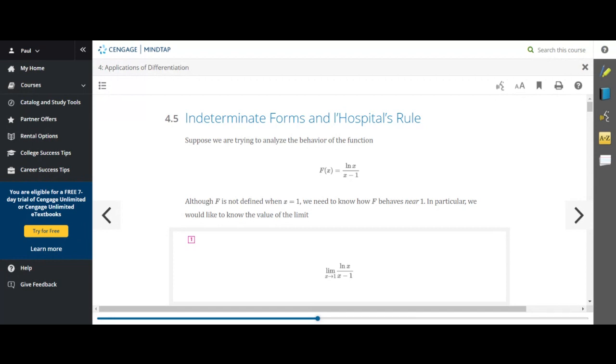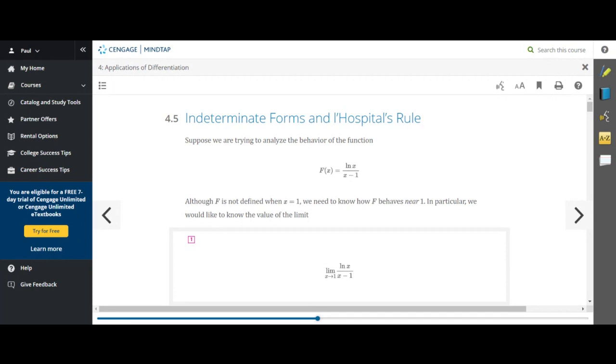0. Good, that's right. It equals 0. And what is in the denominator, 1 minus 1? That equals 0 also. So you see, you have a numerator and denominator that are both approaching 0 as x approaches 1.